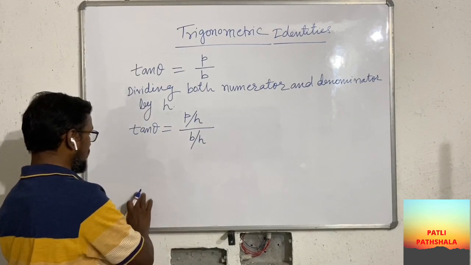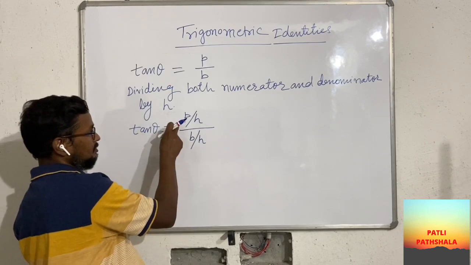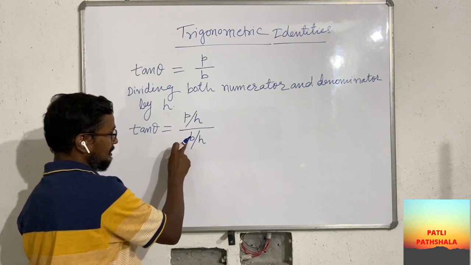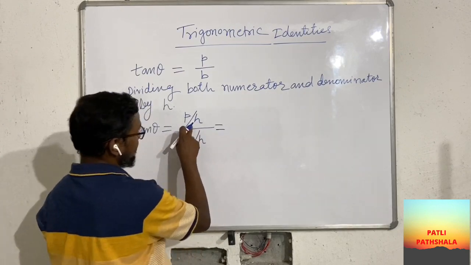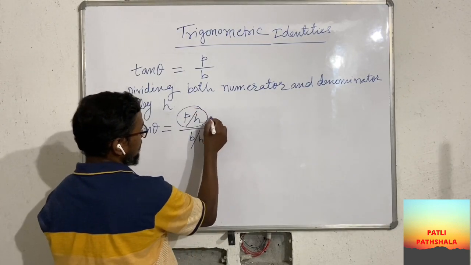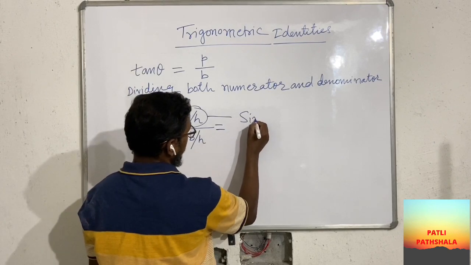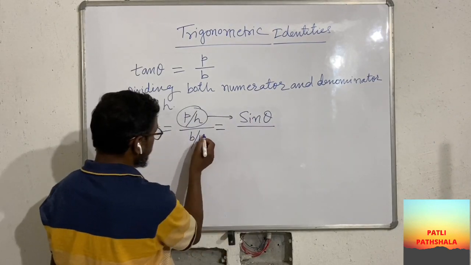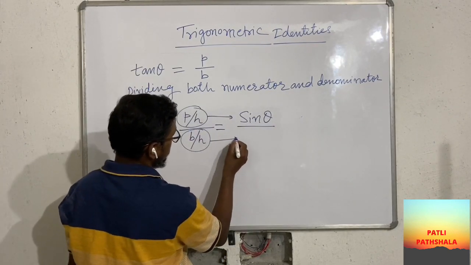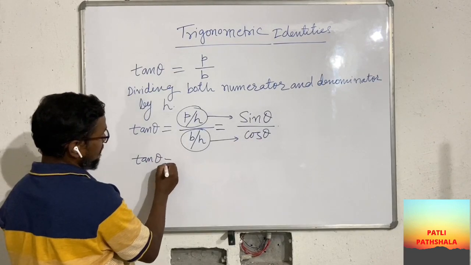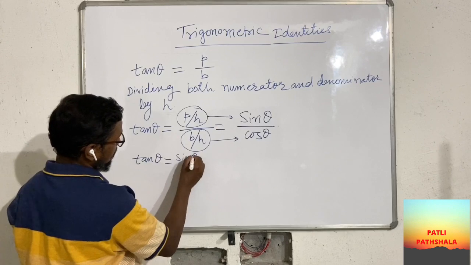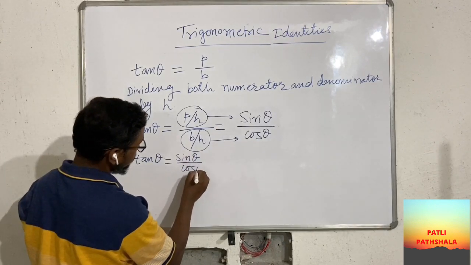Now p by h is sin theta, and b by h is cos theta. So tan theta is equal to sin theta by cos theta.